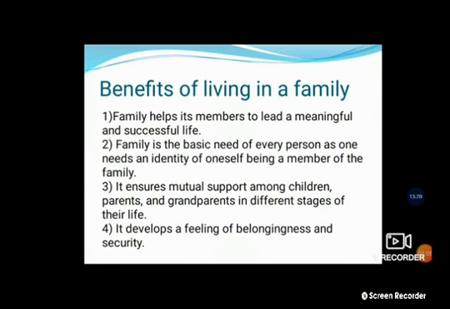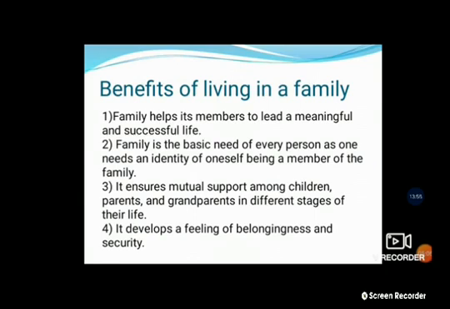Being a member of a family ensures mutual support among children, parents, and grandparents in different stages of their life. It develops a feeling of belongingness and security. So these are the benefits of living in a family.